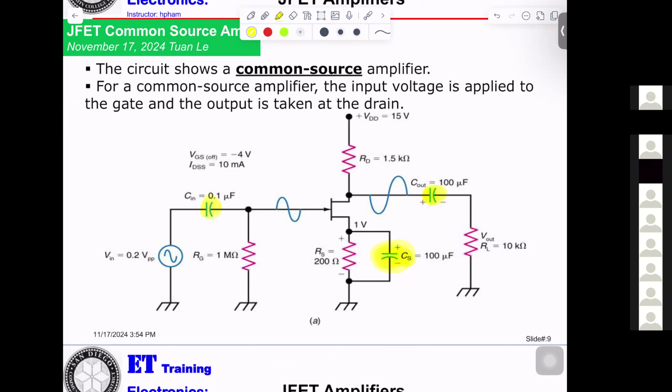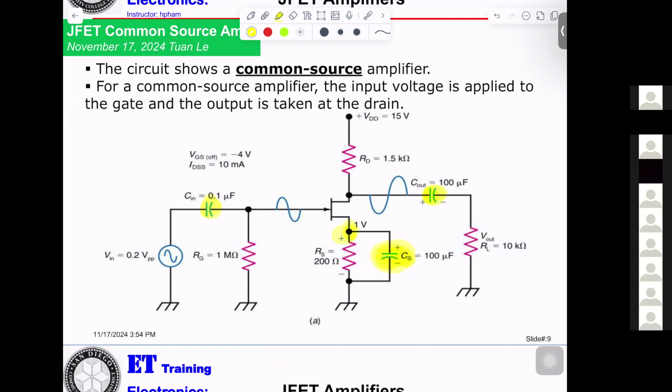My question is, what does that capacitor bypass? Bypass DC, you mean? RS. Yeah, RS. Right here you get the DC voltage.